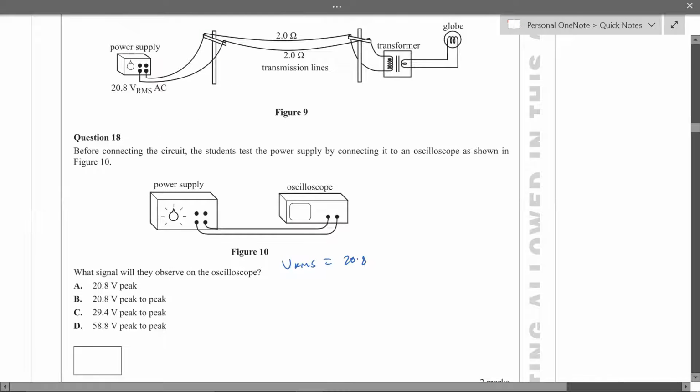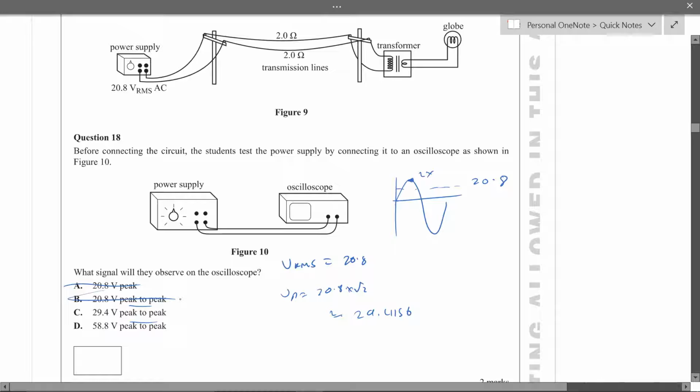That's not the actual peak value; what we're after is the peak, so it's that value times root 2. To get V peak, it's 20.8 times root 2, which is 29.4156.